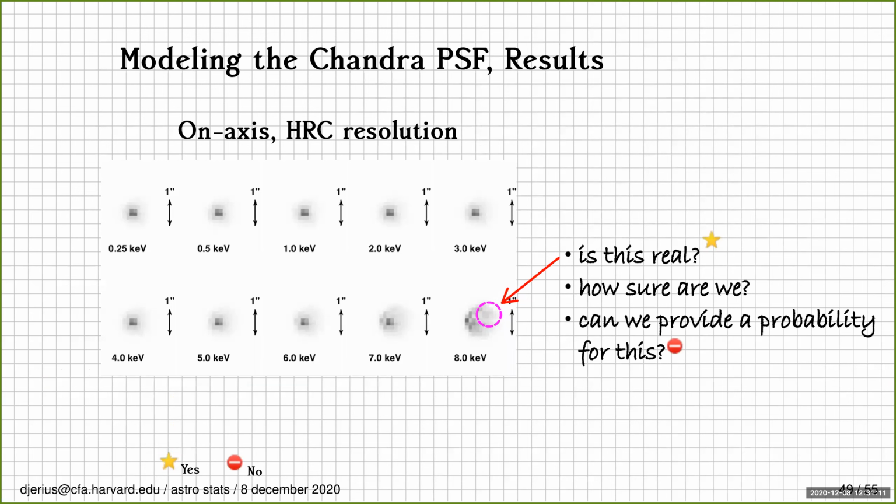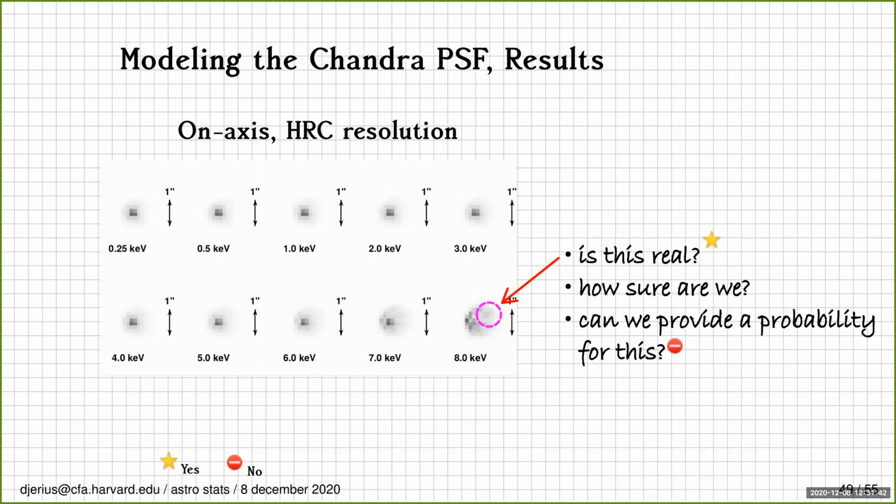So the end result is we end up with a model of the Chandra PSF. This is a little rogues gallery of what we think the PSF should look like at different energies for a monoenergetic source. You can see that as the source goes to higher energies, some strange structure pops up. The question to ask is, is this real?